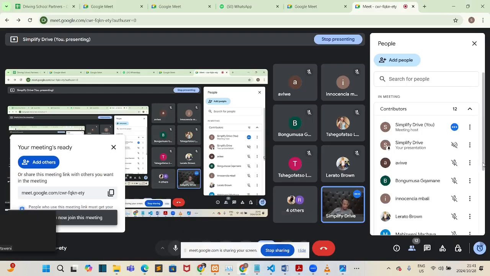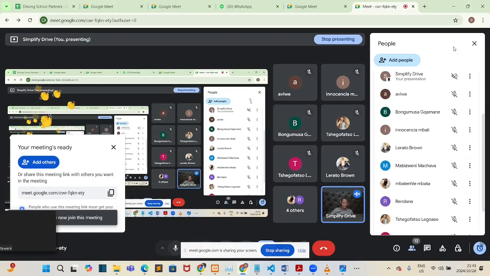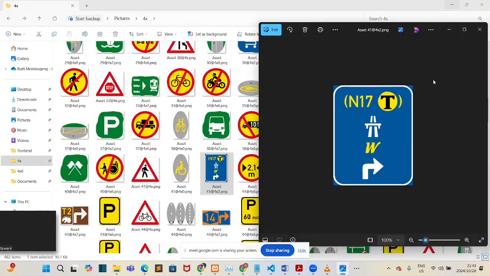We're given that sign, and the question says, this type of sign is called A, an alternative route marker, B, an advanced trailblazer, C, a map type trailblazer. Which one is correct? A, B, or C?